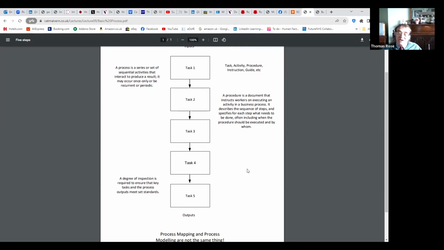But you're never going to be able to do that until you've adopted this process approach and systems thinking, where you identify your system, and then within that system you identify the processes, and within each of those processes you identify the inputs and outputs and the tasks or procedures that are required to achieve those inputs and outputs, making sure that those outputs are suitable for the following process inputs.